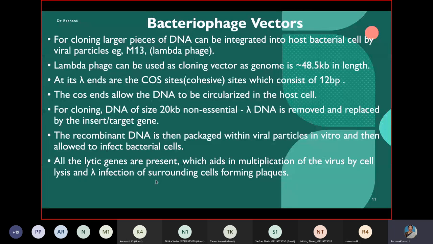So in the formation of plaques, whenever the phage is engulfing or eating away the bacteria, it forms a clear zone, and these zones are referred to as plaques. Why is there a clear zone? Because the bacterial cells are killed by the virus. Followed?